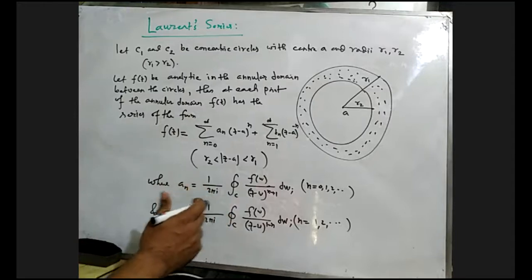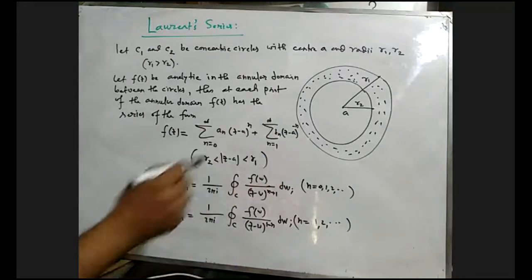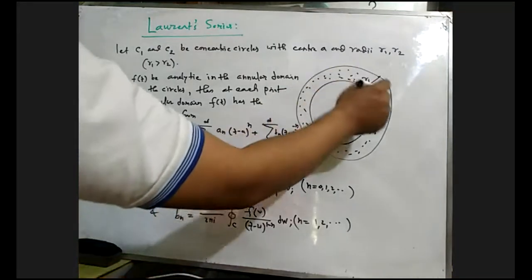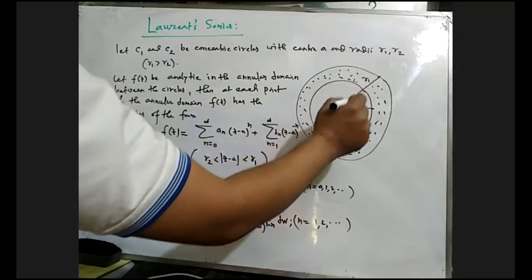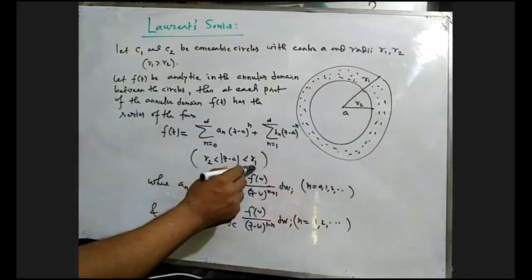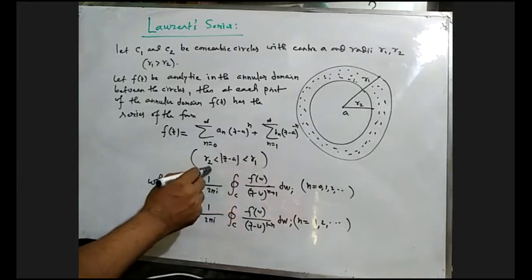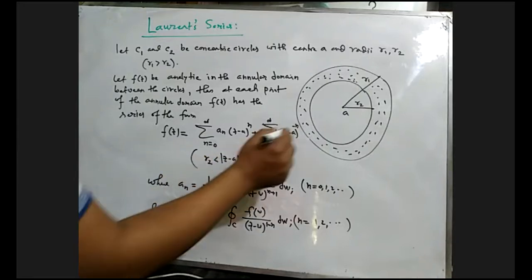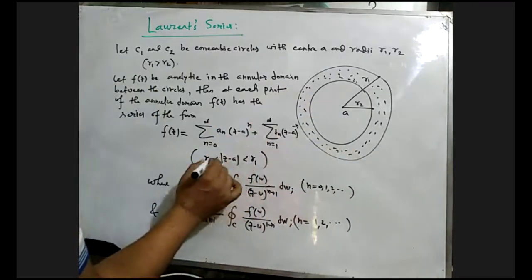And this is also for the second part of the series. This is the annular region, with first circle R1 and second circle R2. The first circle radius R1 is the bigger and R2 is the smaller, and z minus a, that means this shaded part, lies between R2 and R1.